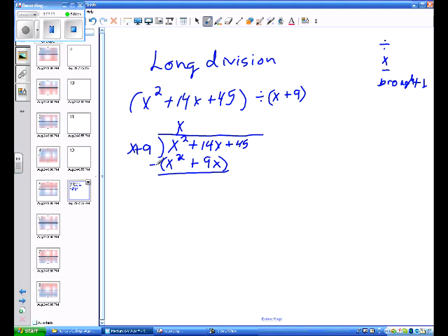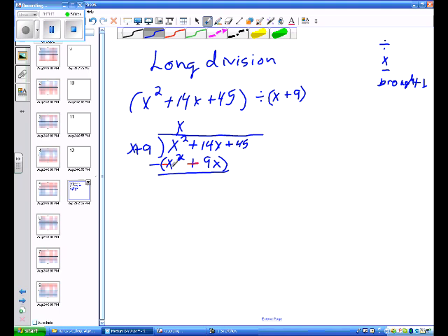When we subtract a binomial, if you remember, we have to distribute that negative sign when we remove those parentheses. So if we distribute our negative sign, then this will be a negative x squared, and this will be a negative 9x because the signs are going to change. So we're going to distribute that negative sign, and then we're going to add.